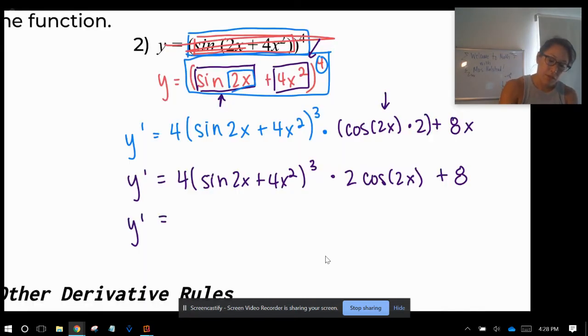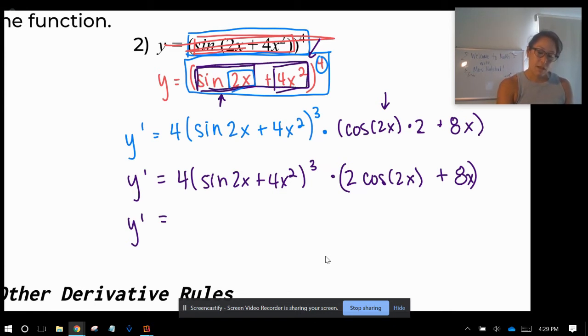Since we took the derivative of the inside, I can see that everything in this parentheses, the purple layer, has to stay together, because that's one derivative from the inside. We're taking the derivative of the inside, which is this. All right, so I can stop there.